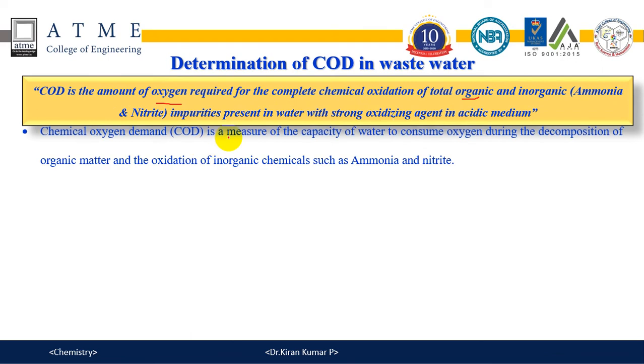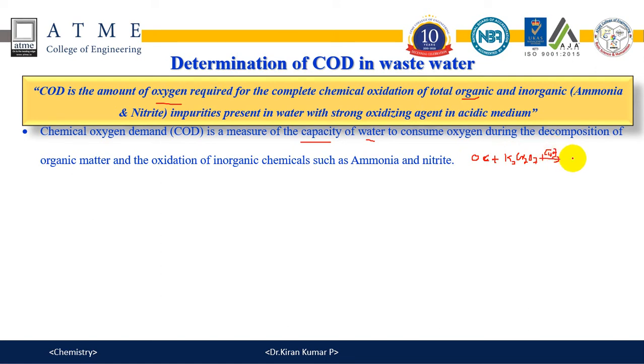So chemical oxygen demand is a measure of capacity of water to consume oxygen during the decomposition of organic matter. So it is basically the decomposition of organic compounds present in a water sample using strong oxidizing agent in presence of acid medium.